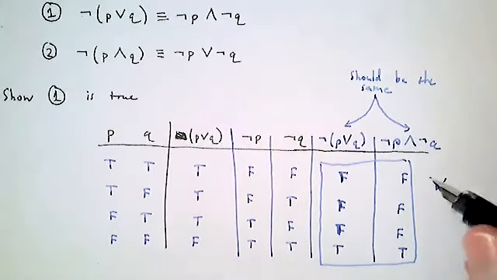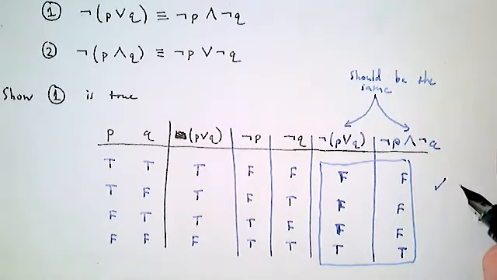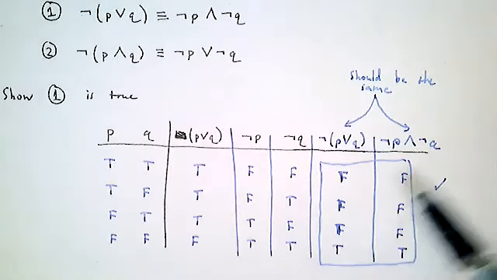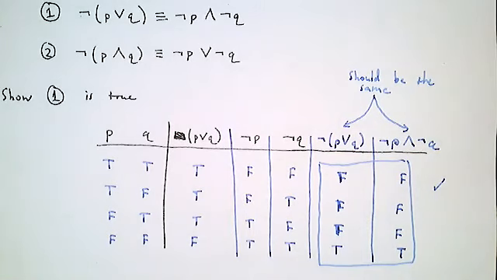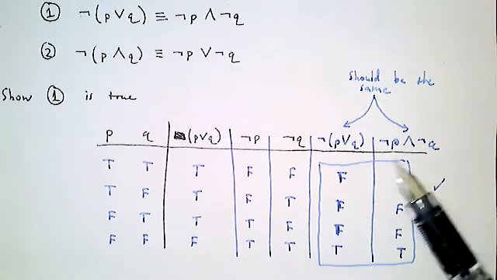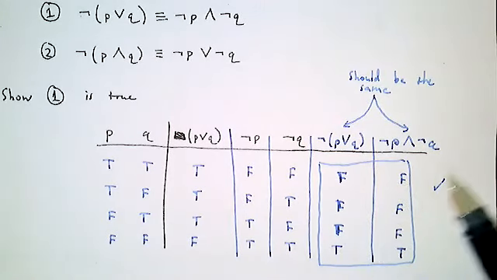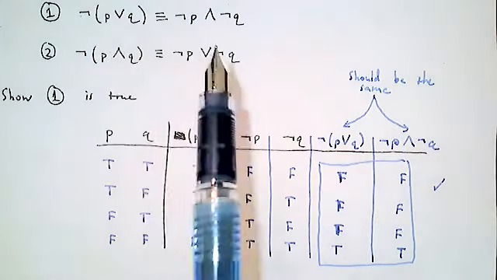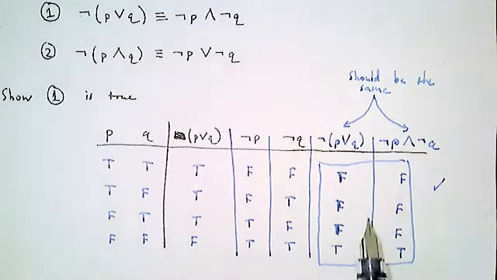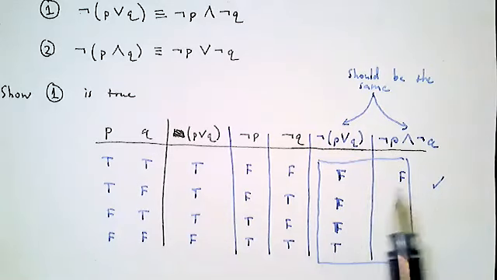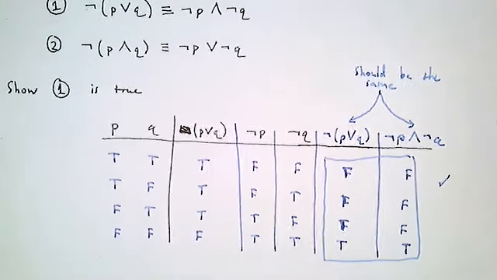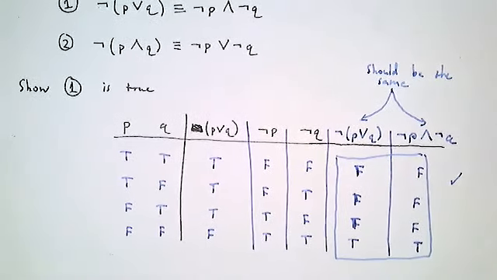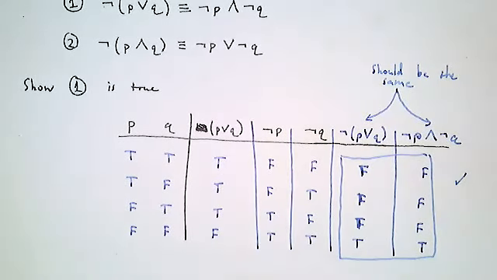And that's how you check for logical equivalence. So you'll make a truth table. You need a column for each side in your truth table, and then you have to see if your columns are the same. So this is the basic idea that you'll be doing on your homework from this section.